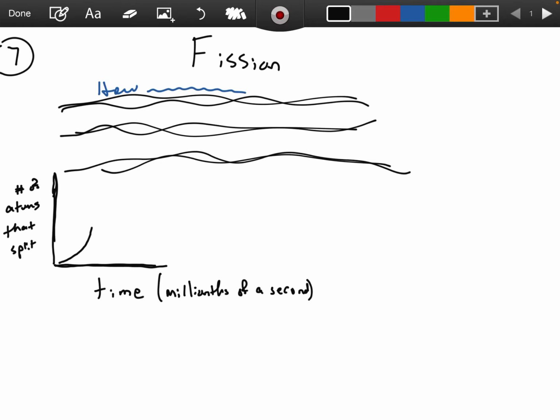You want it to go almost vertical. It's never going to be completely vertical, but it's going to be really close. It's always infinitely trying to get to vertical. So that's really what you want. This means that your atoms are essentially splitting all at once, okay?